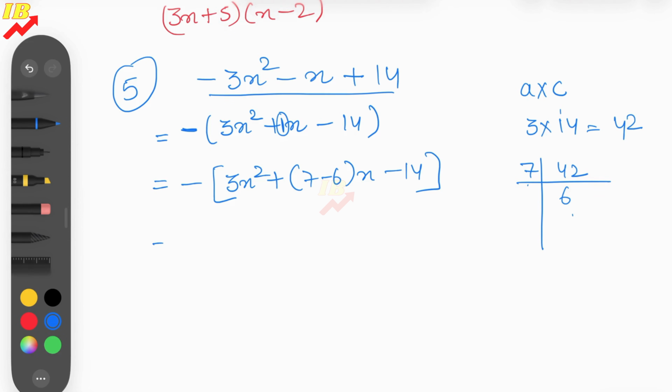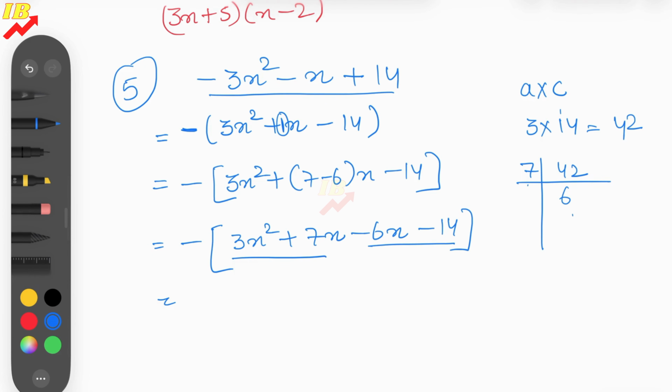Okay, now you do the same steps as you did earlier. You just multiplied it like this, and −6x and −14 like this, and take common from these two and these two. So this is going to give you an x common, which is (3x + 7), and this is giving you a −2 common, which is also giving you (3x + 7).